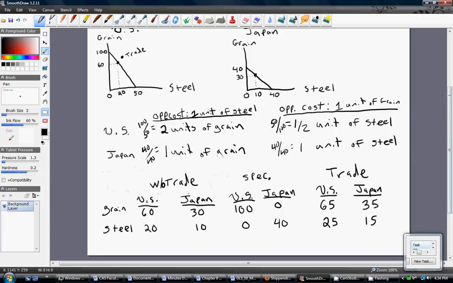Japan, the same thing. This consumption point of 35 units of grain and 15 units of steel is going to be a point that is outside Japan's production possibilities frontier. Trade allows us to have a much larger level of consumption than otherwise would be the case if we were simply self-sufficient.